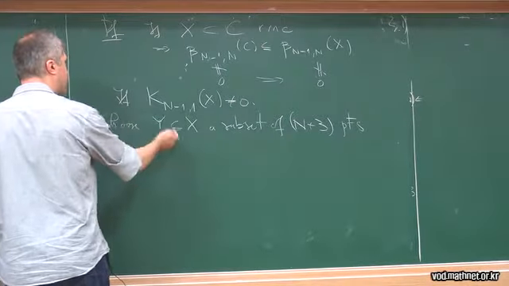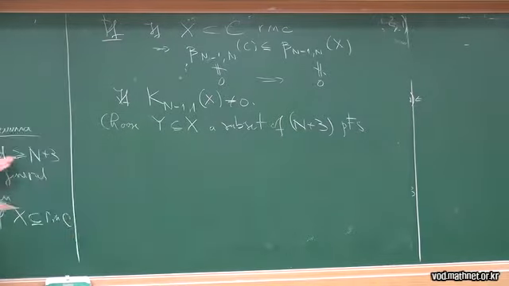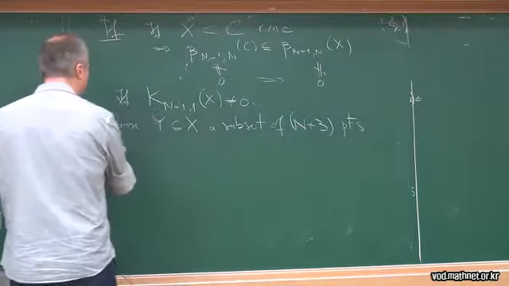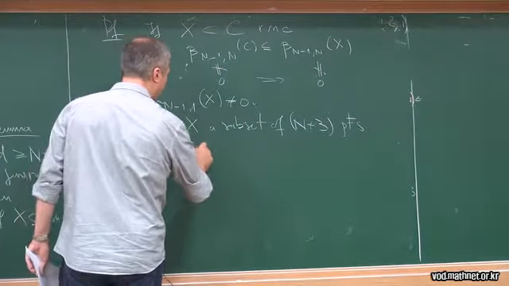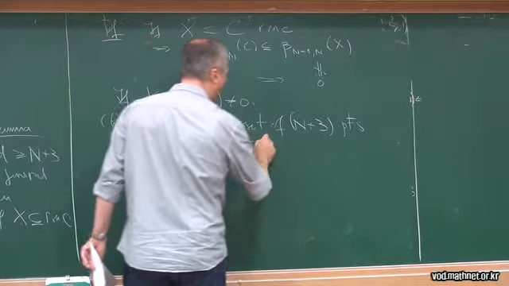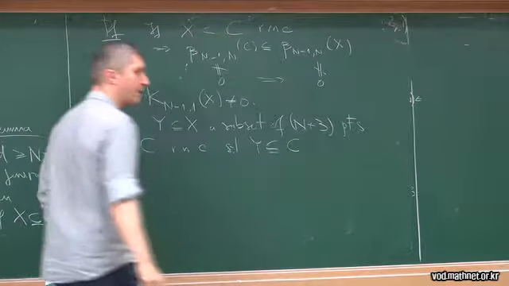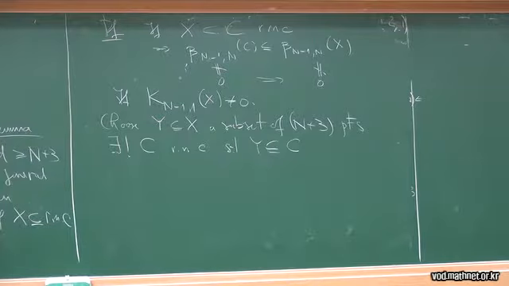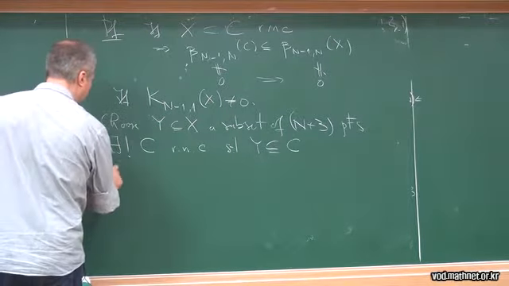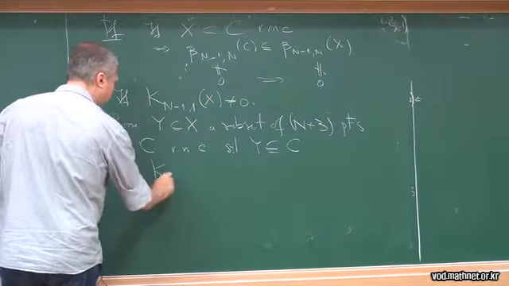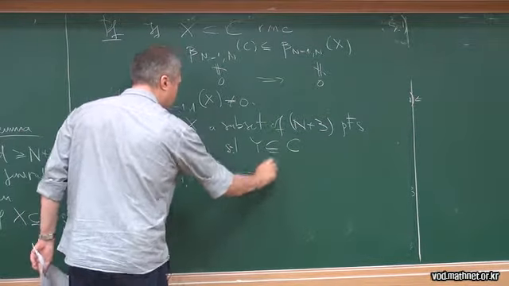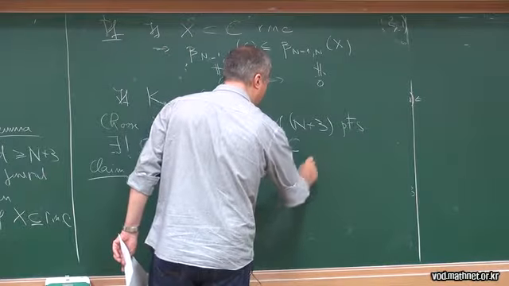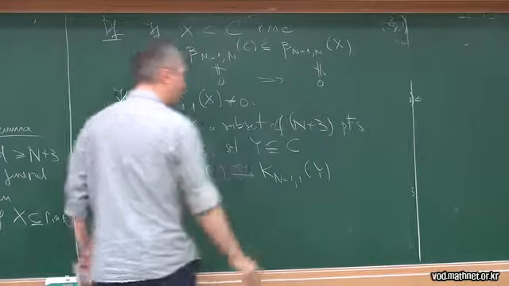The real statement is that when X contains more points than n plus 3, then we know that there exists a unique rational normal curve C such that Y is contained in C. Now I claim that the restriction K_{n-1,1}(C) to K_{n-1,1}(Y) is an isomorphism.